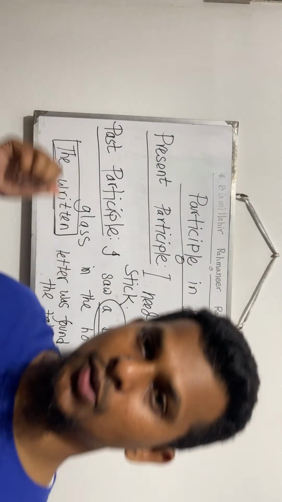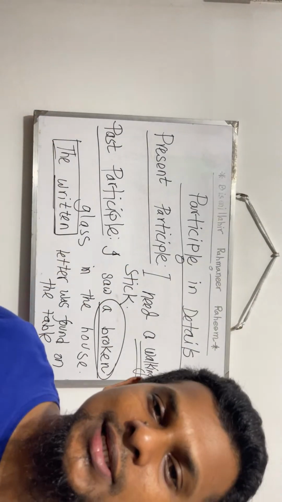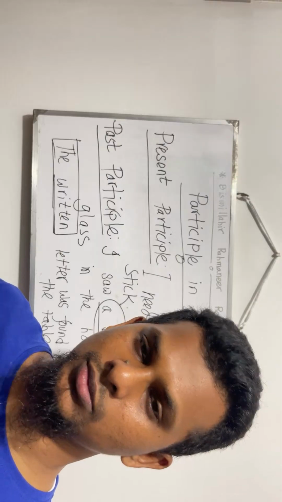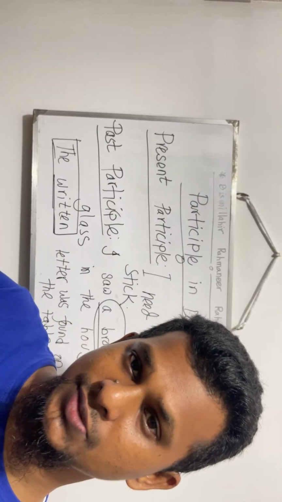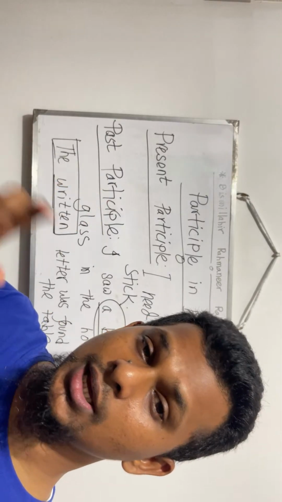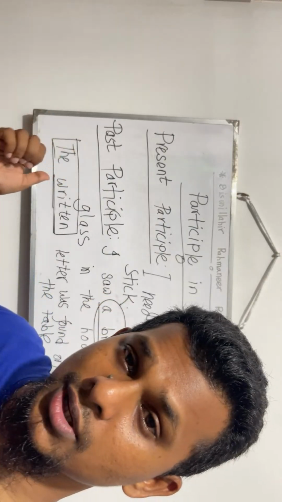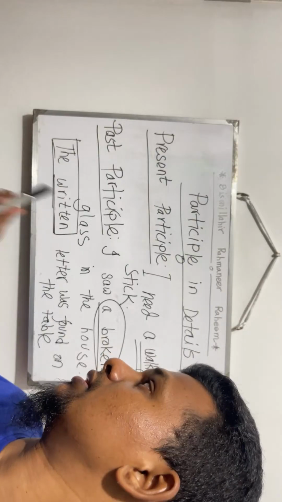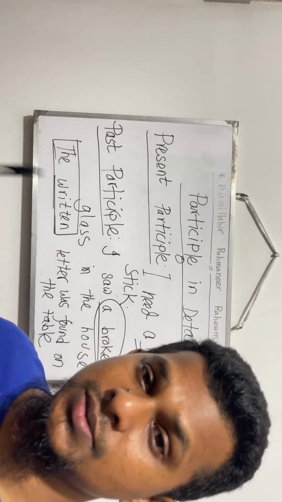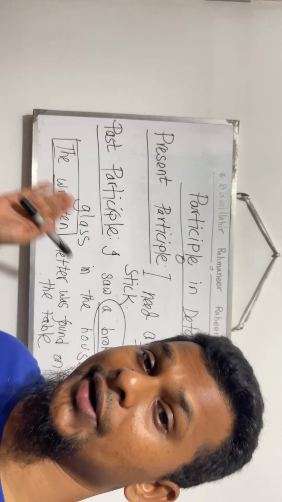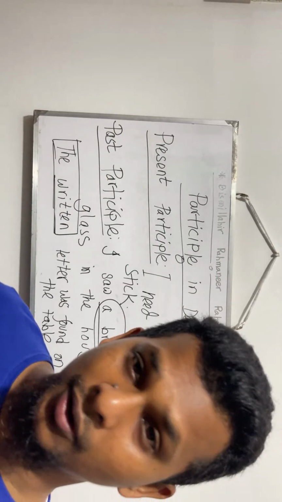What I wrote here is the written letter was found on the table. The letter which was written earlier by someone was found on the table. So this past participle form of the verb here refers to past participle.